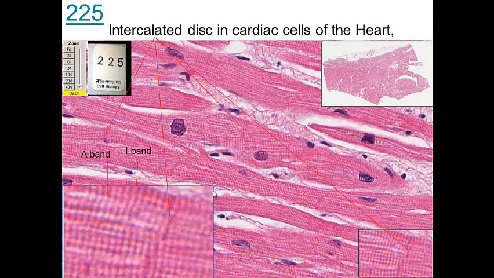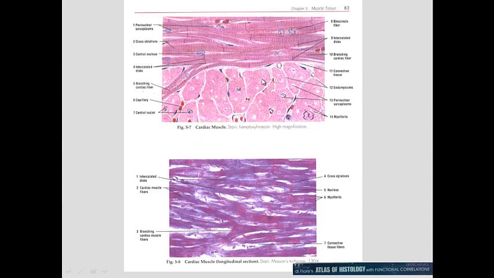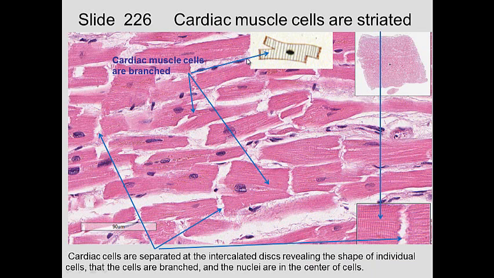If you look at intercalated discs, you can see them here, here, and here, and that's in addition to the A and I band of the muscle, and you can see the nuclei in the periphery. So we can see one of these nuclei in the periphery. These are fibroblasts of the endomysium that's there, but we can see these intercalated discs.